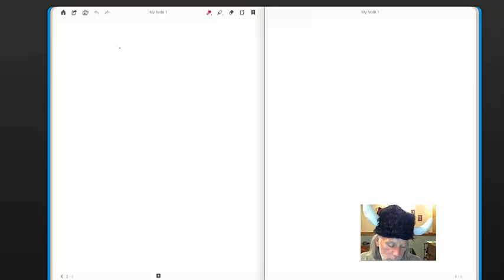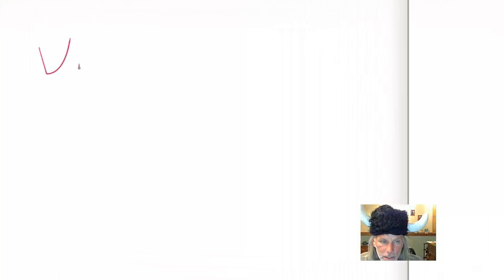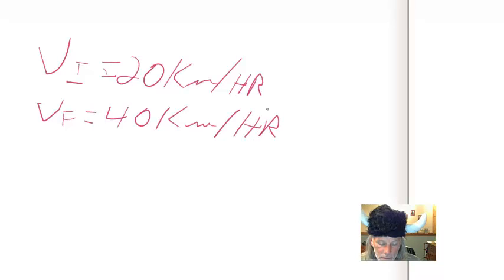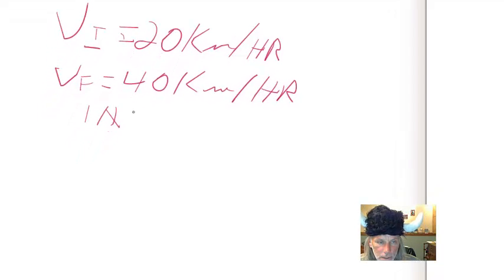Let's say we've got an initial velocity of 20 kilometers per hour. Our final velocity equals 40 kilometers per hour. And let's say this all took place in 2 seconds.